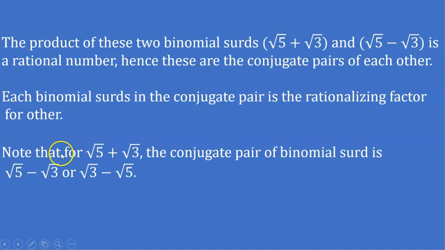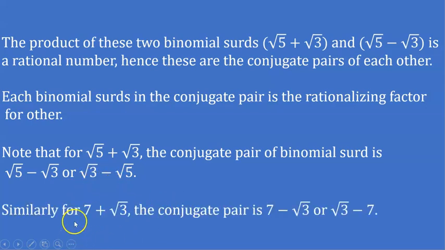Note that for root 5 plus root 3, the conjugate pair of the binomial surd is root 5 minus root 3 or root 3 minus root 5. Similarly, for 7 plus root 3, the conjugate pair is 7 minus root 3 or root 3 minus 7.